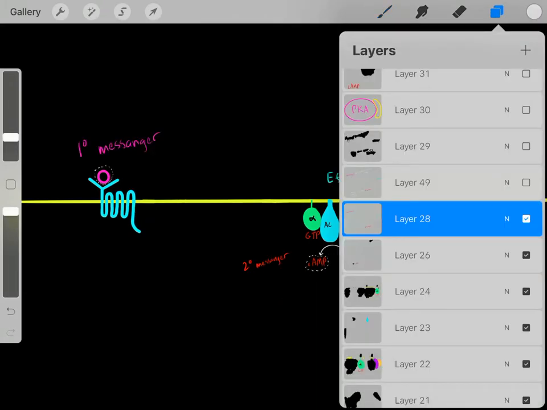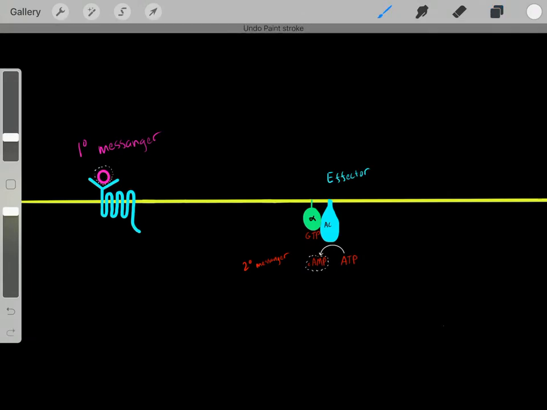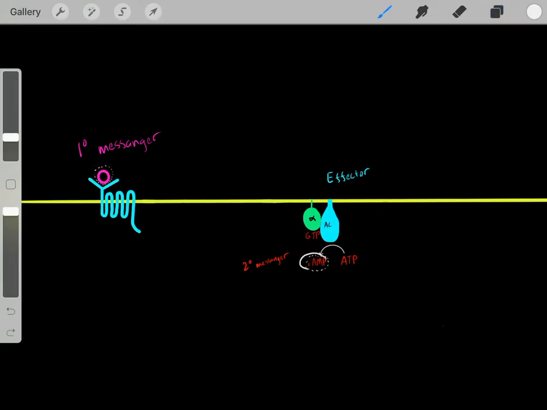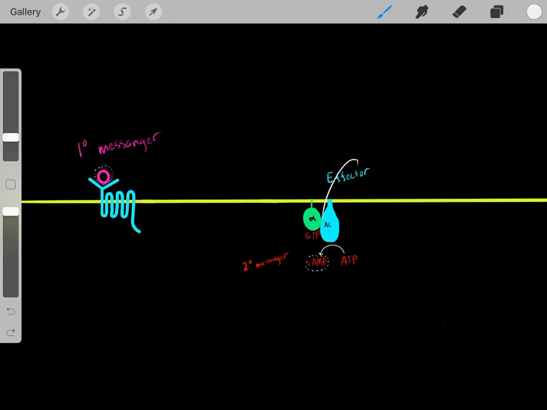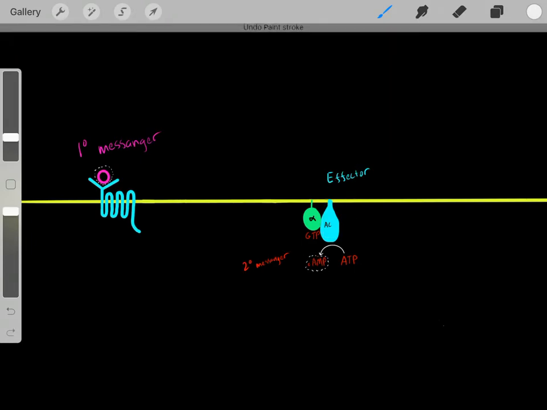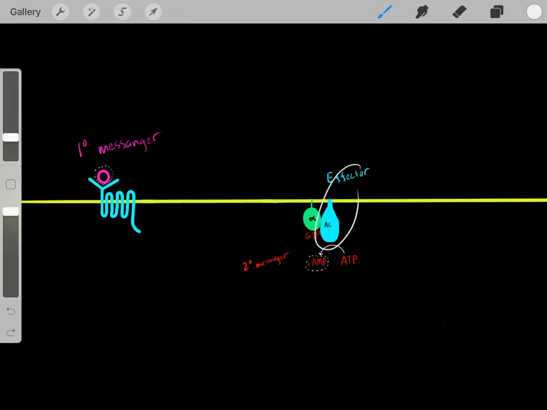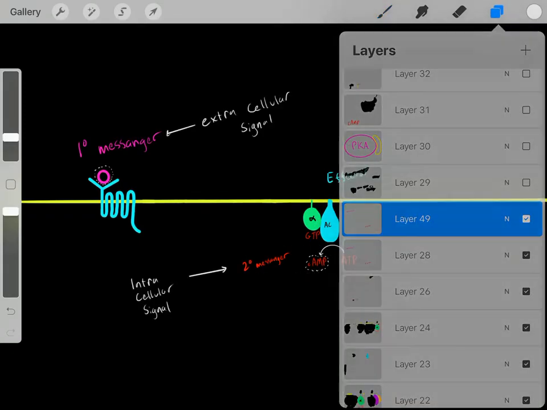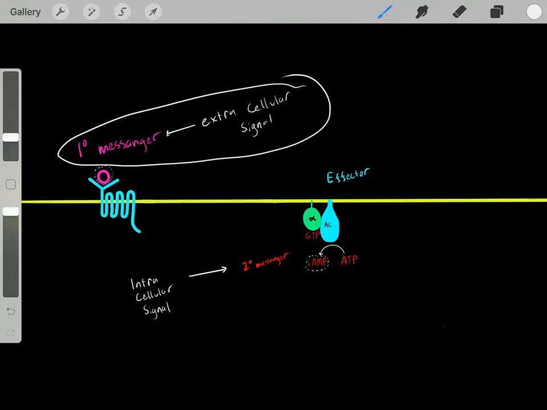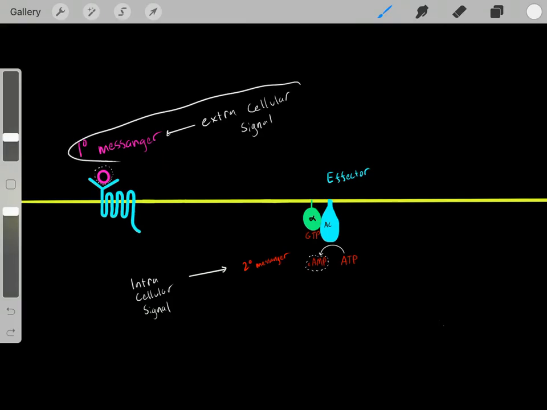And just a little bit of terminology, this molecule is referred to as the primary messenger. This cyclic AMP is referred to as the secondary messenger, and this adenyl cyclase is referred to as the effector. And the effector is what creates the secondary messenger. By definition, the effector is what creates the secondary messenger. And the reason why they're called this is the primary messenger was the original extracellular signal.